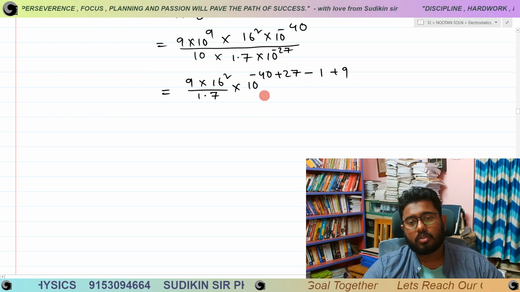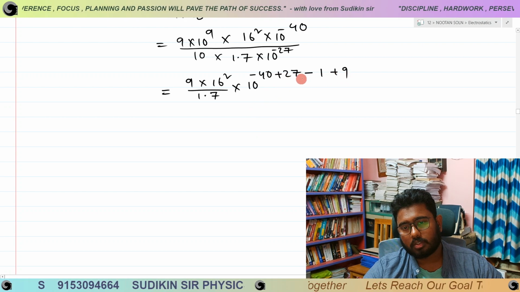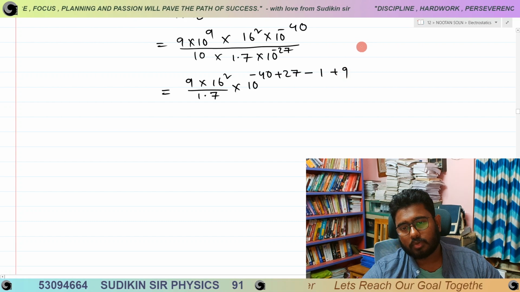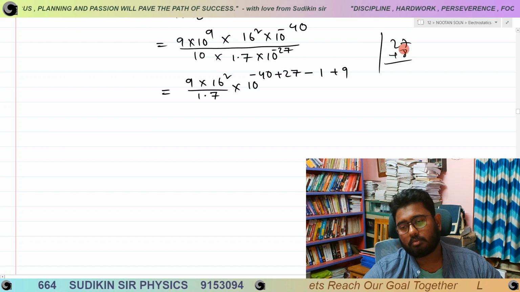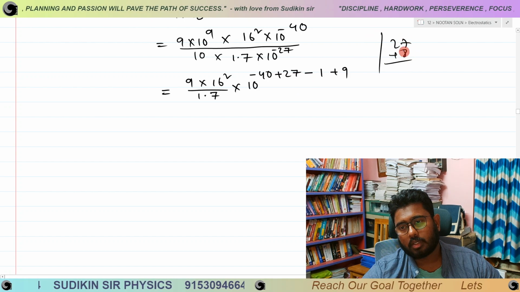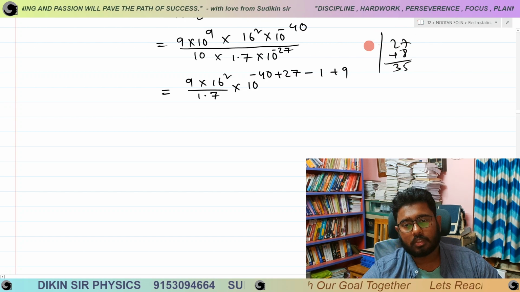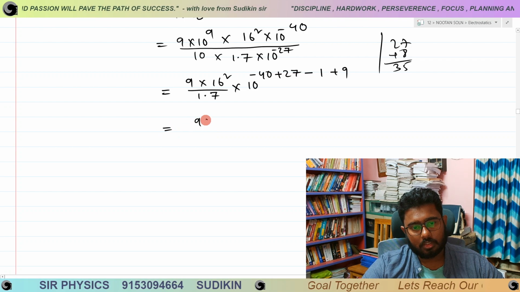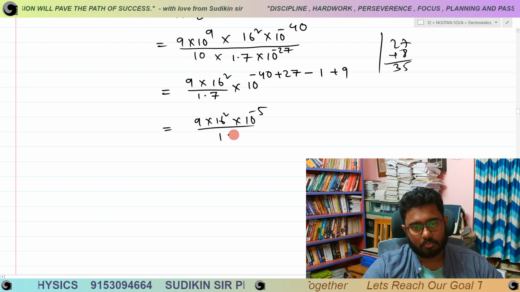So 9 minus 1 is 8, 27 plus 8 is 35, 35 minus 40 will be minus 5. So 9 into 1.6 square into 10 to the power minus 5 divided by 1.7.